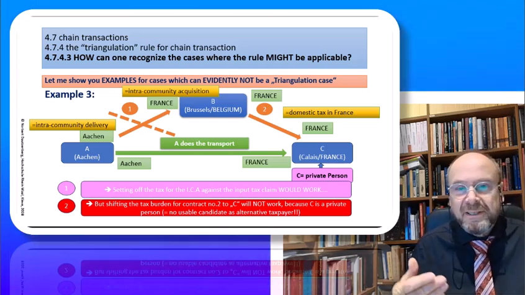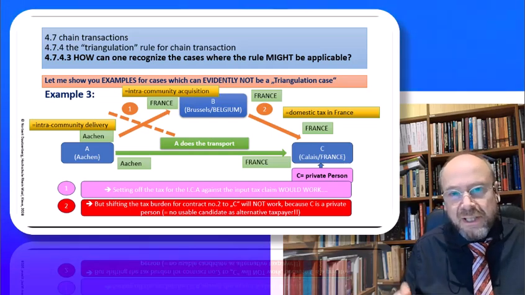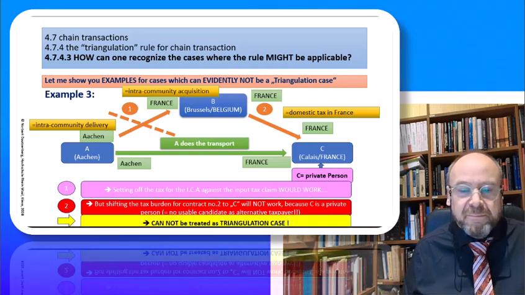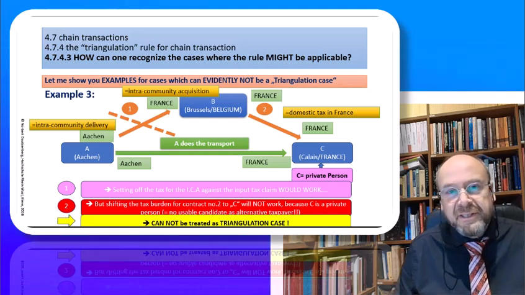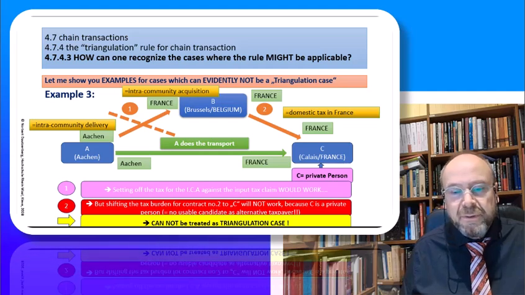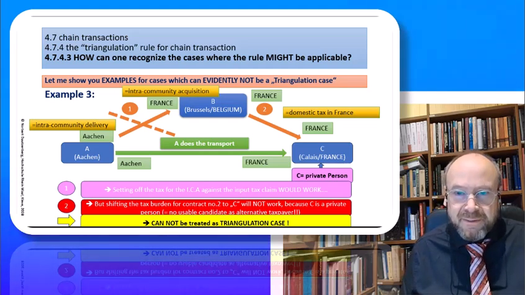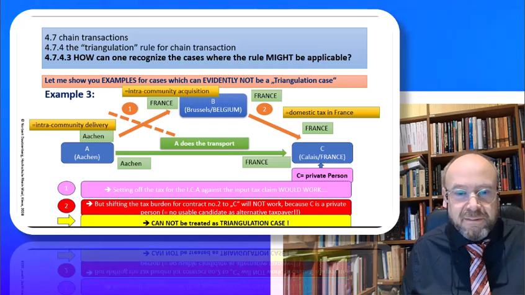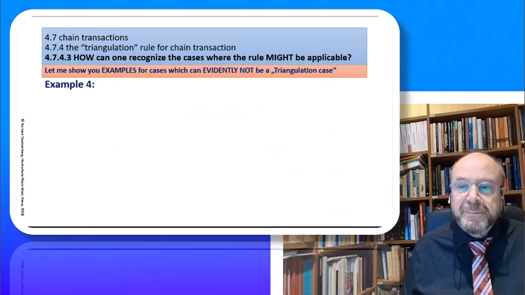Even if it makes no difference whether you fill in one line or three lines in full. So that makes clear triangulation case rules can't apply here. You need a final customer who is an entrepreneur, or at least fills out a tax declaration, so has a local VAT identification number. Yeah, what else?